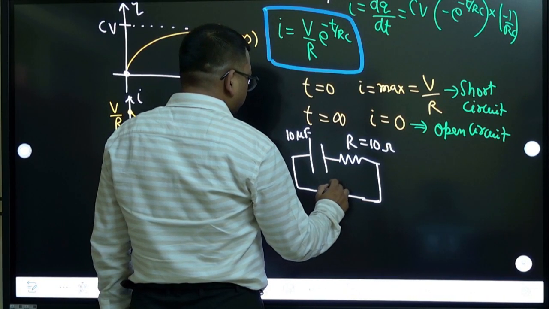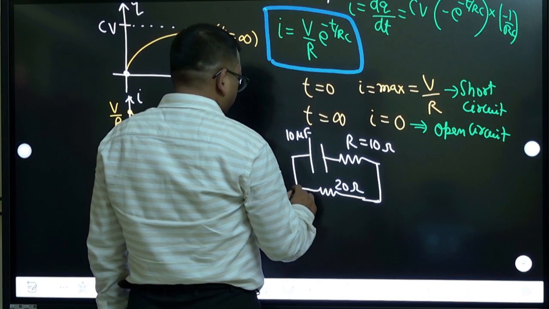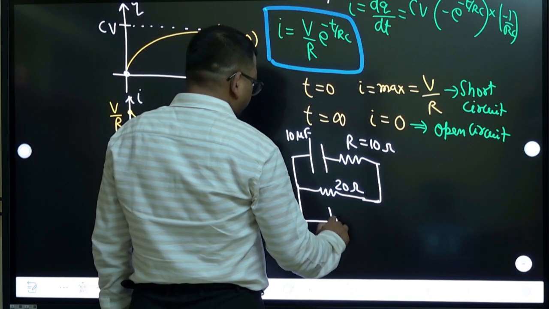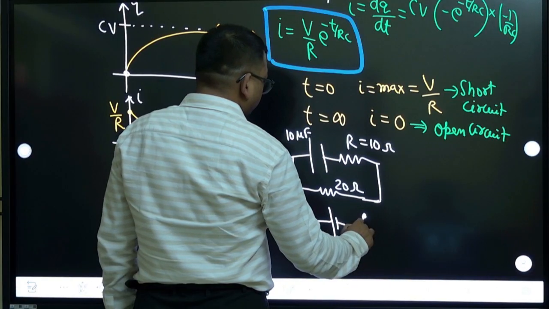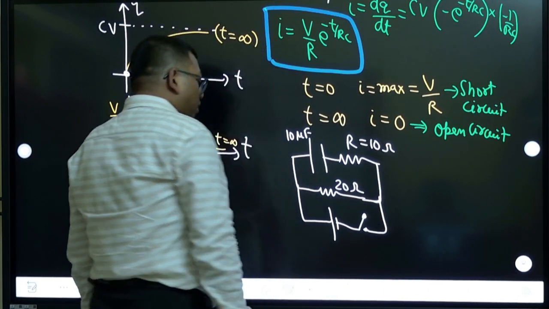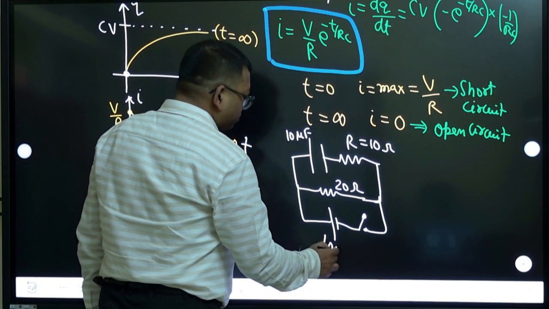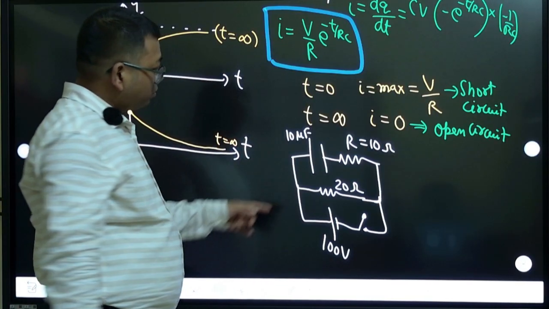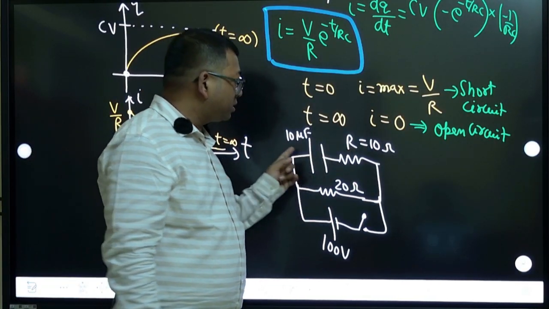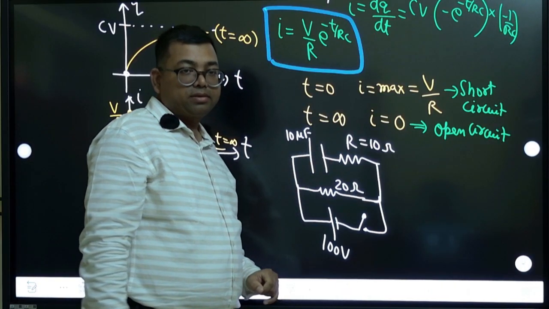Let us take this as 20 ohm, and this is a battery. There is a switch here like this. Battery has 100 volt, and the 10 ohm is connected in series with the capacitor.